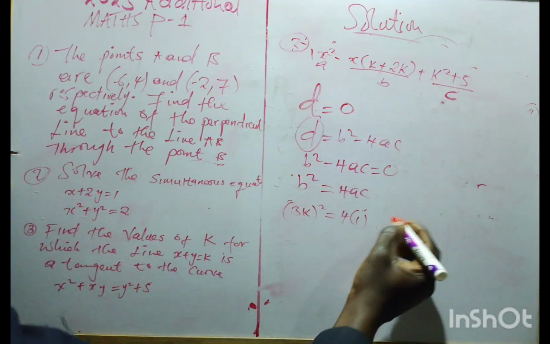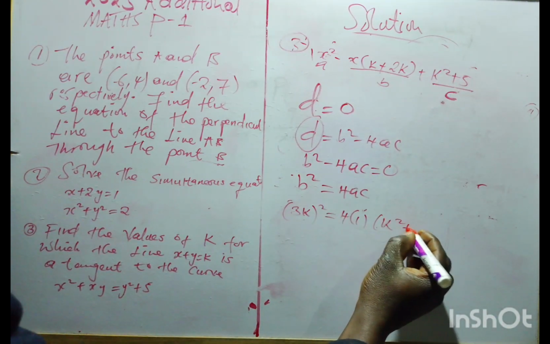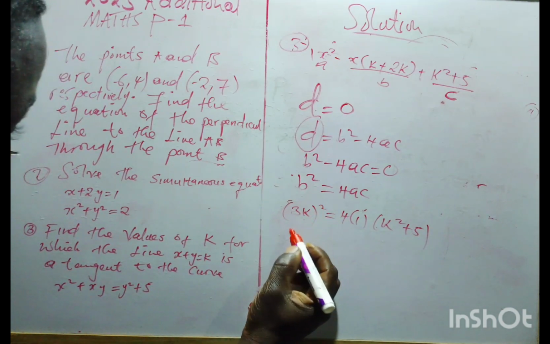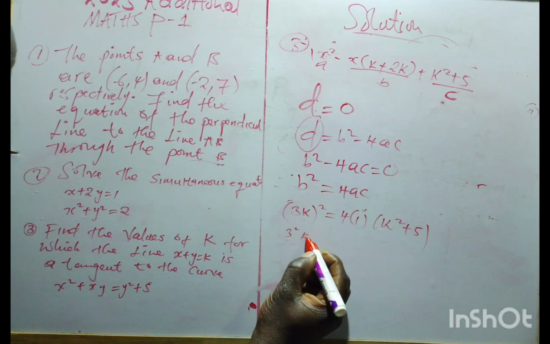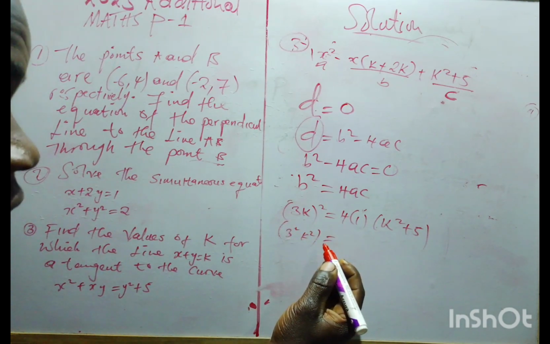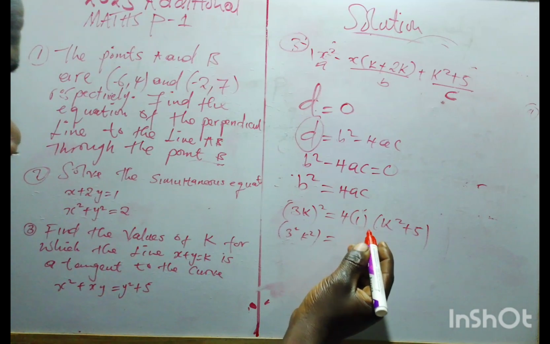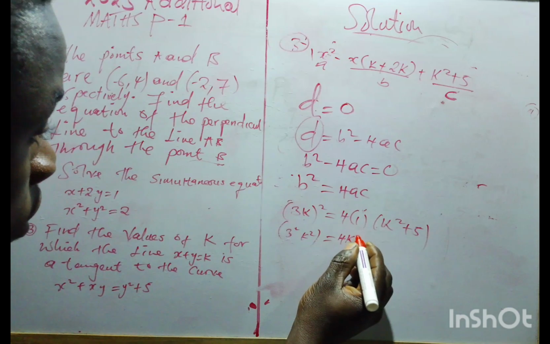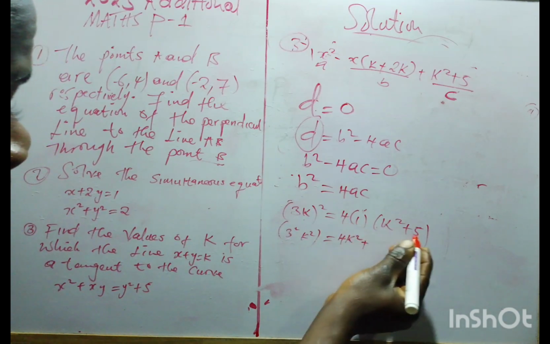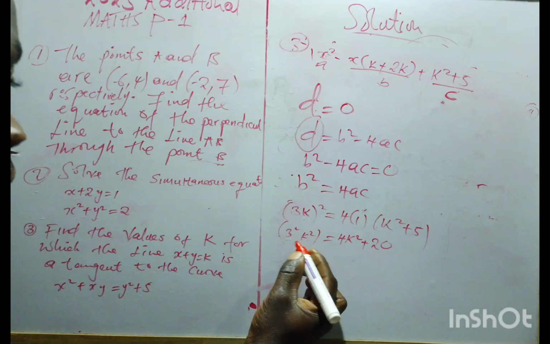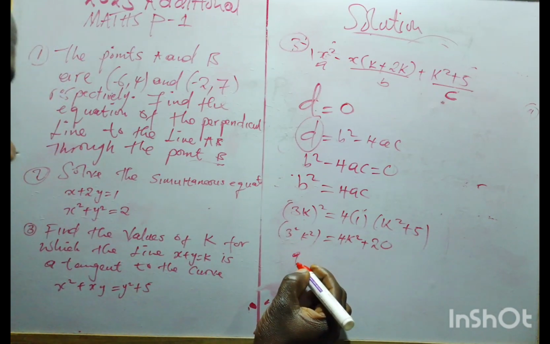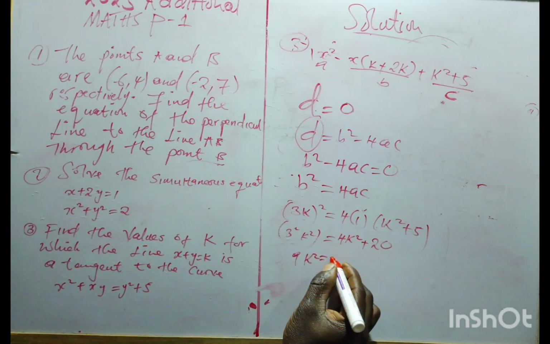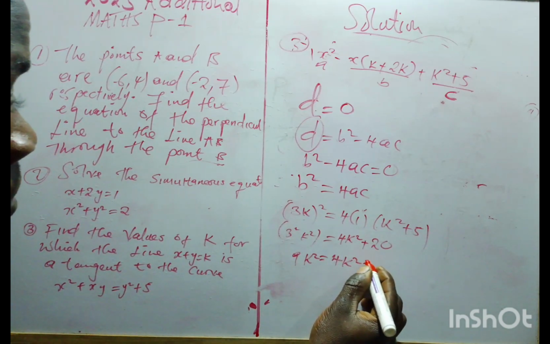Then for c we have k squared and plus 5, and close bracket. Then here 3k squared is the same as 3 squared k squared. Okay, in which it is equal to 4 times 1, which is 4 times k. We're going to have 4k squared, then plus 4 times 5, which is 20. Okay, so 3 squared is 9, then 9k squared, which will be equal to 4k squared, then plus 20.